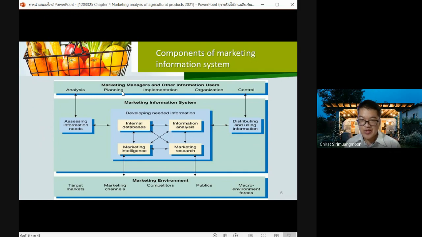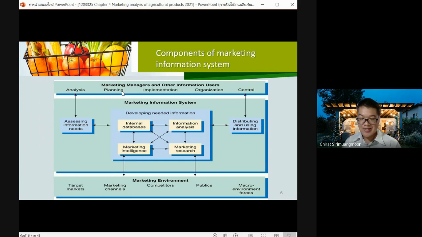Most of the people involved in this part are marketing managers, or the people at the top level. So again, this first part needs human resources to analyze, plan, implement, organize, and control.